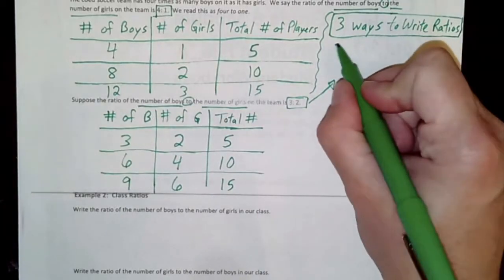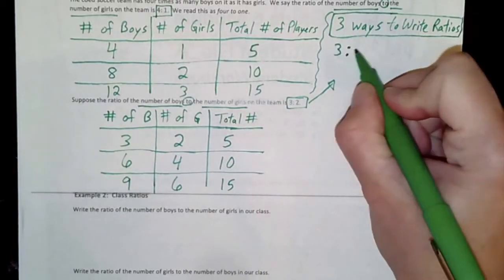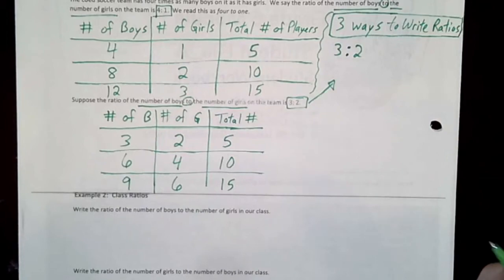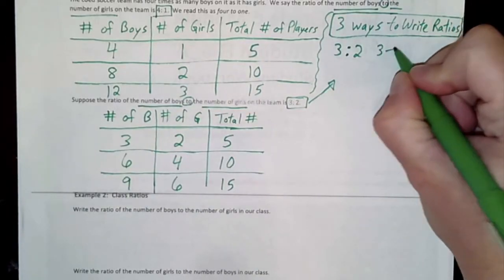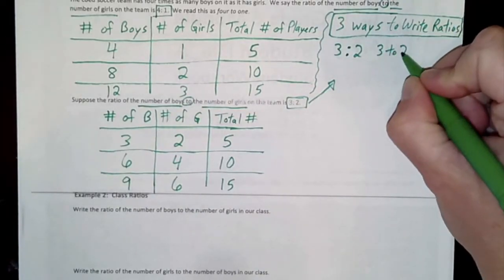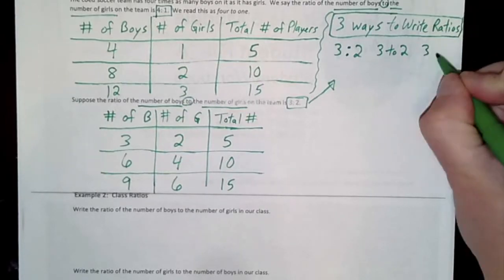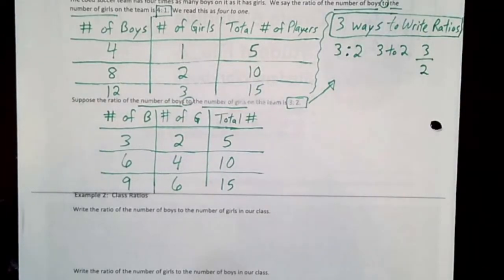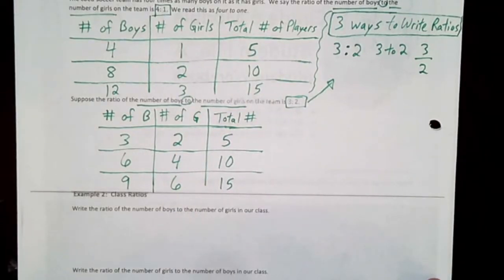You can write it with a colon, 3 colon 2, and we read that as 3 to 2. You could write it 3 with the word to, 2, or you could write it as a fraction, 3 over 2, like that. My favorite is the fraction way when I write ratios.